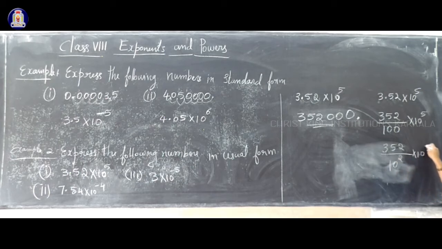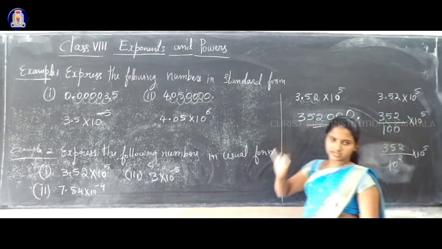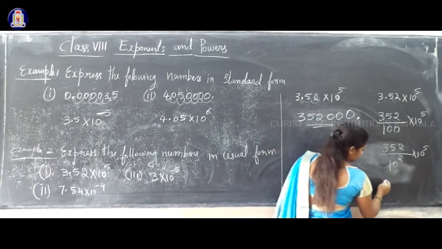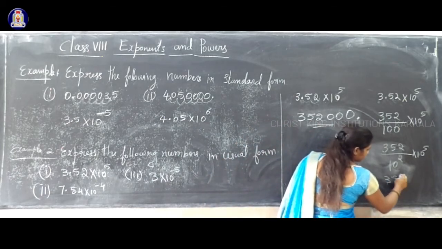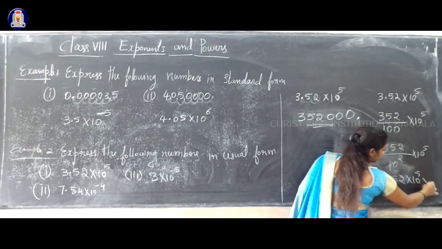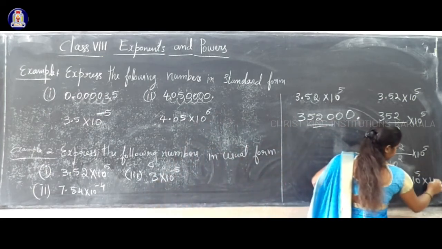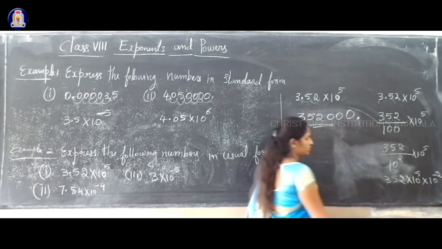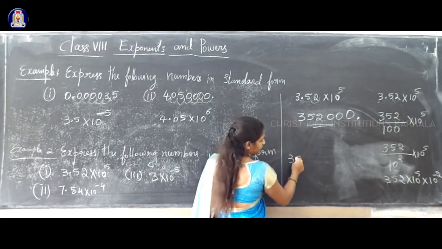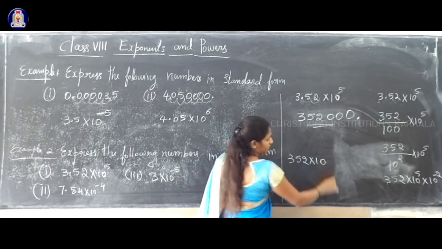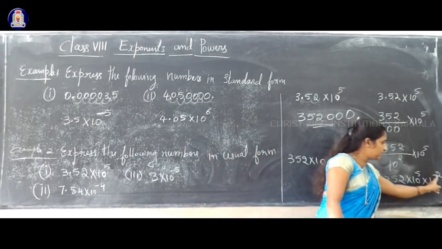This is a direct method, but you have to do it step by step. 352 into 10 power 5. Here 10 power 2 will go to the numerator, so we get 10 power minus 2. So what is the answer? 352 into 10 power 5 minus 2.